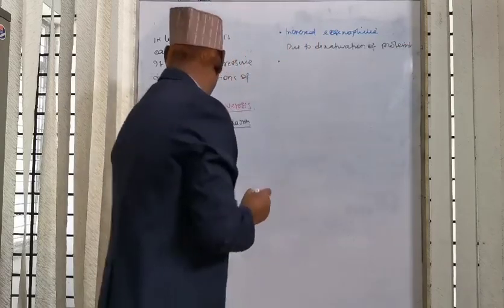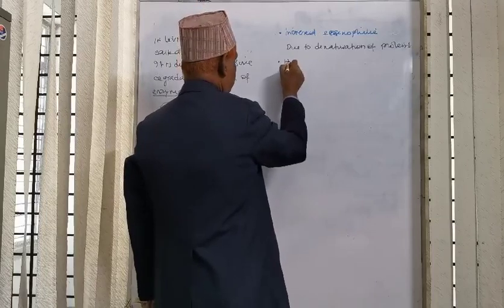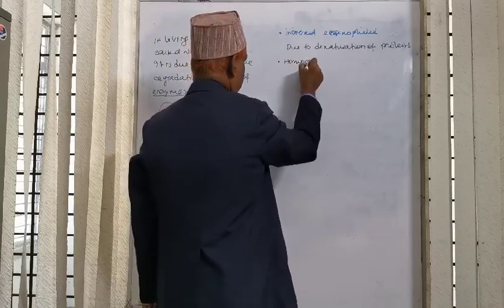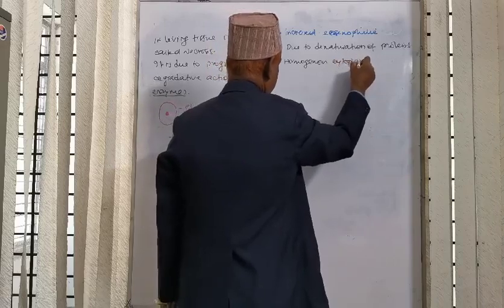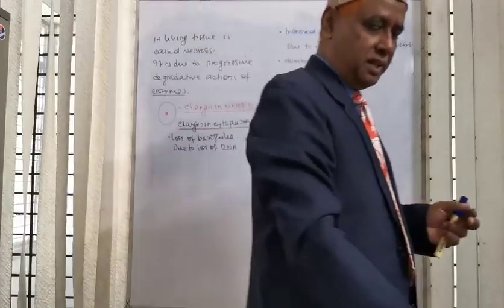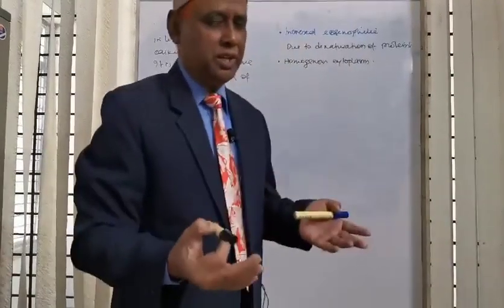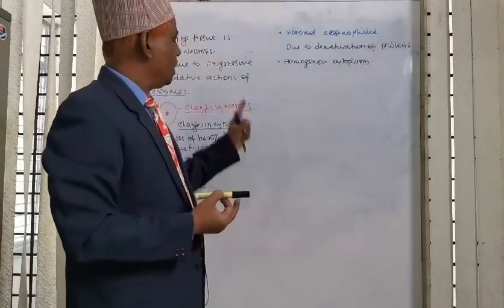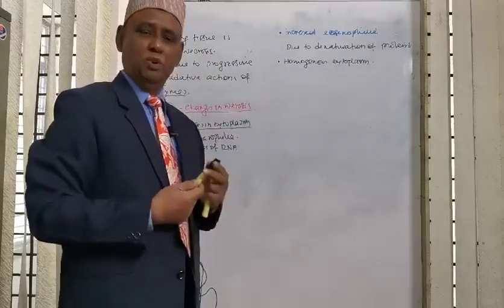Then homogeneous cytoplasm. Normal cytoplasm is not homogeneous, rather it is a bit heterogeneous because it contains glycogen and many other things. The loss of glycogen from the cytoplasm in necrosis makes the cytoplasm homogeneous.